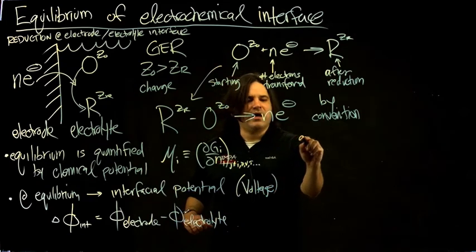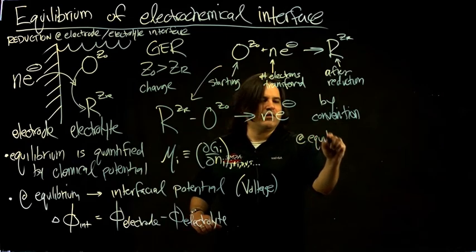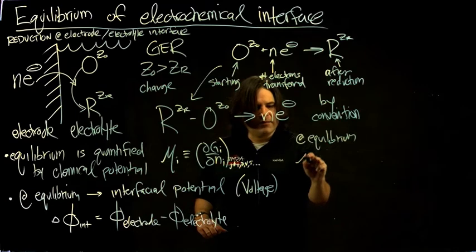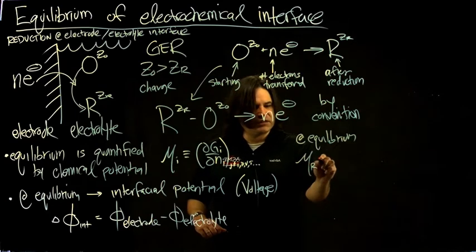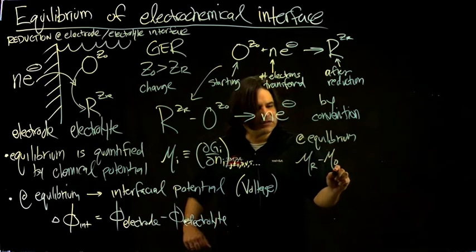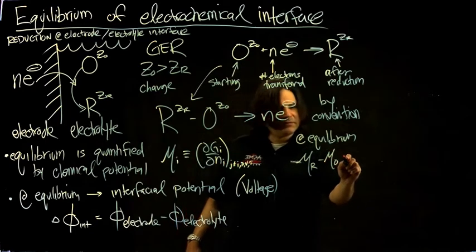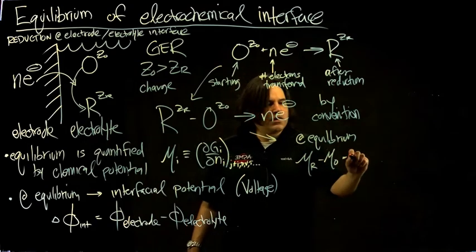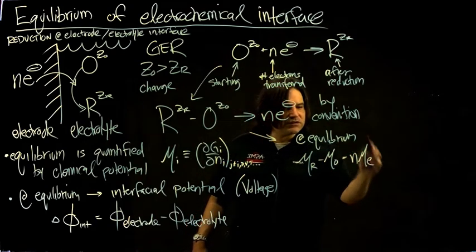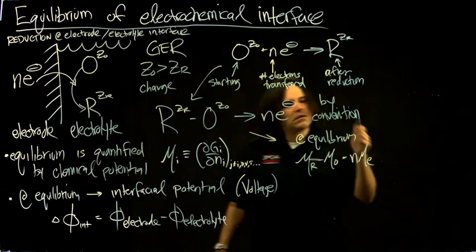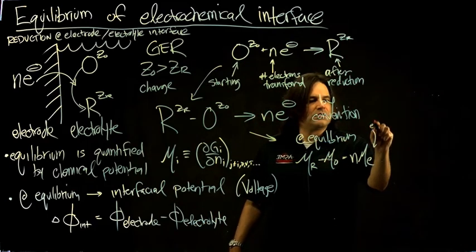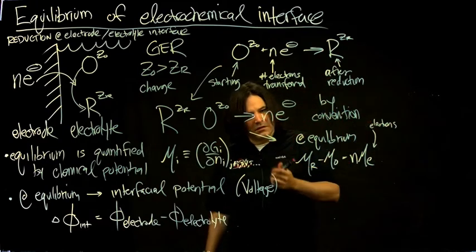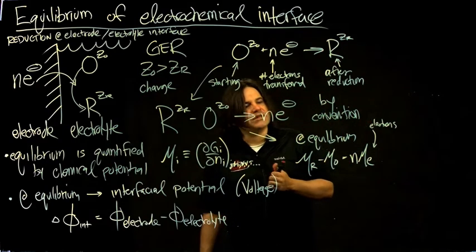So also at equilibrium, you can say that the chemical potential of the reduced species minus the chemical potential of this oxidized, this O species, balances out the chemical potential of the electrons. So this is the electron. So that's how you use chemical potential.